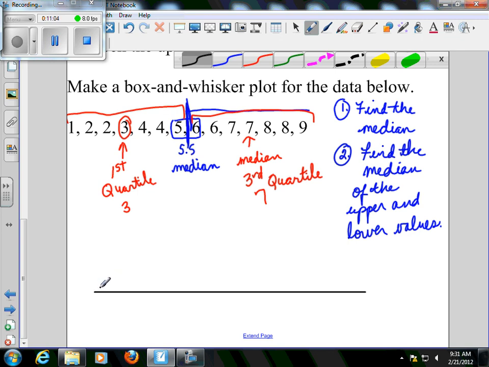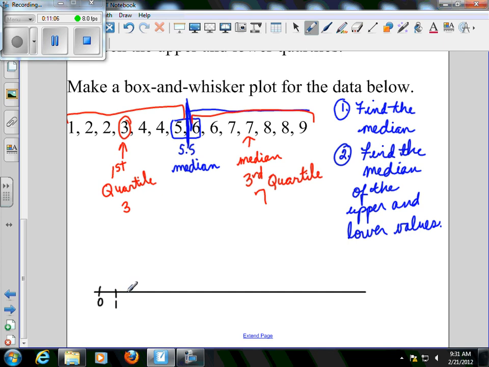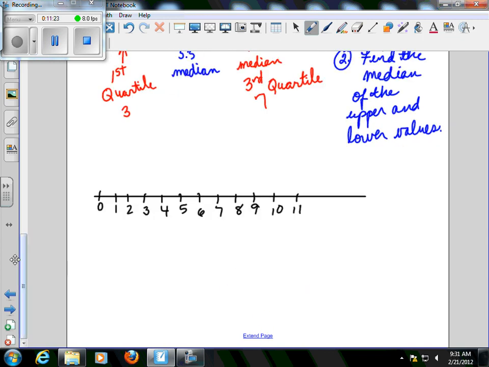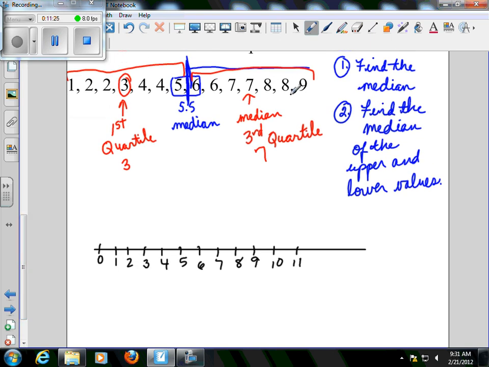I'm going to start mine at 0, and I'm going to go up in increments of 1. Okay, I'm going to stop here. I need to make sure that I have all of my data covered. My data goes from 1 to 9, and yes, that is definitely covered here.